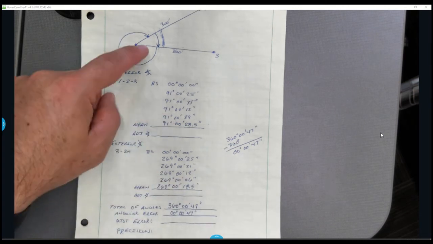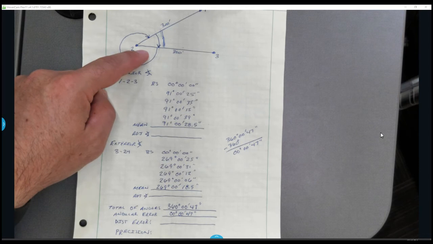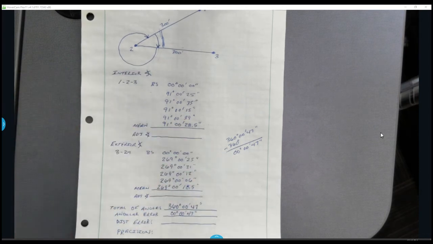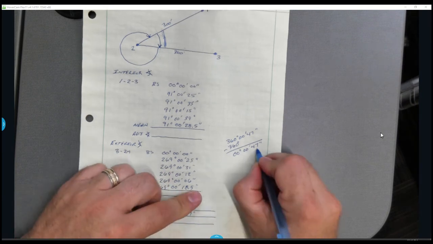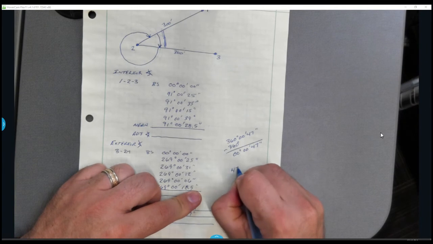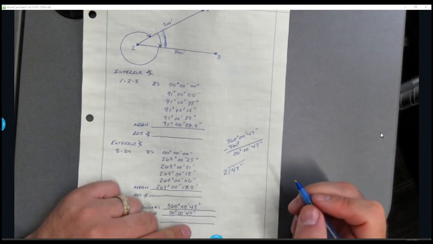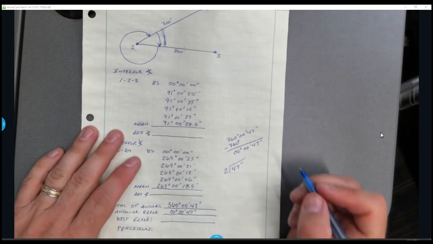Because I have two averaged readings, I'm going to adjust the angle evenly amongst those two averages. So I'm going to take 47 seconds and divide that by 2. So what is that if I divide it by 2?